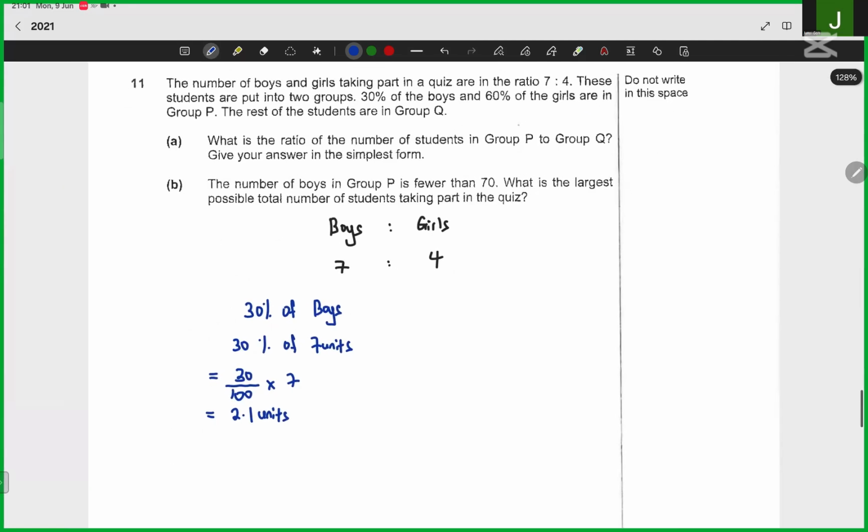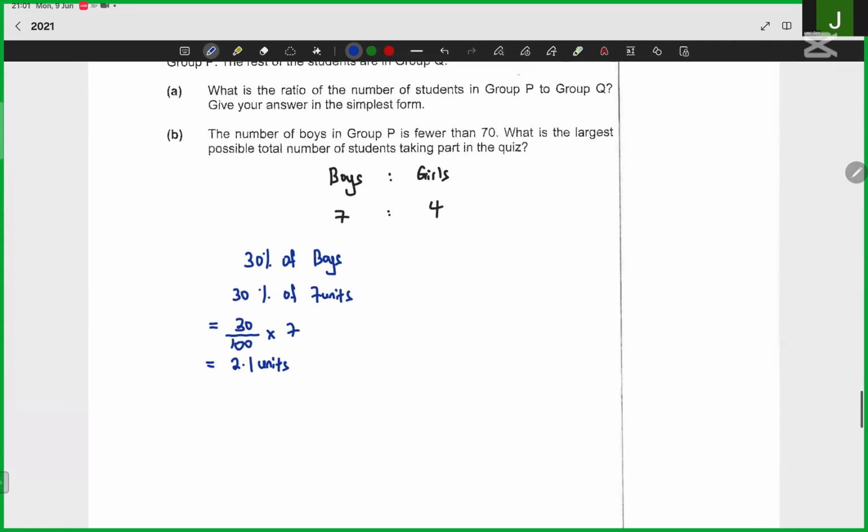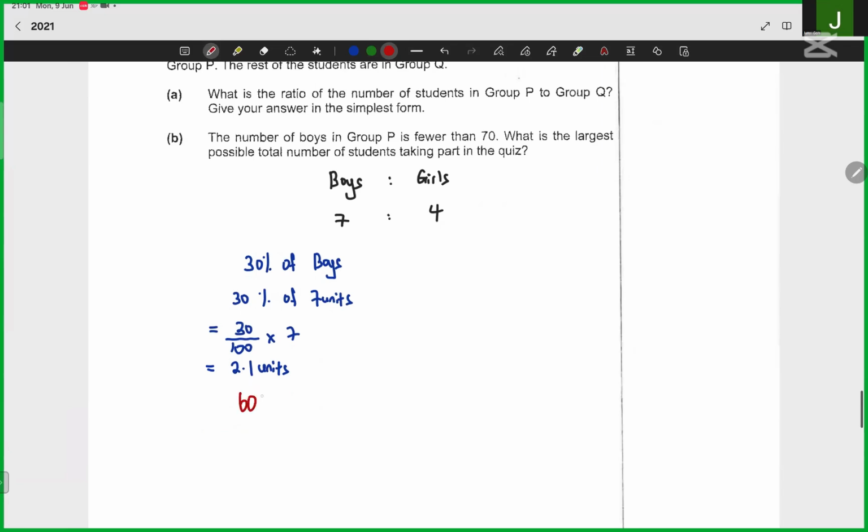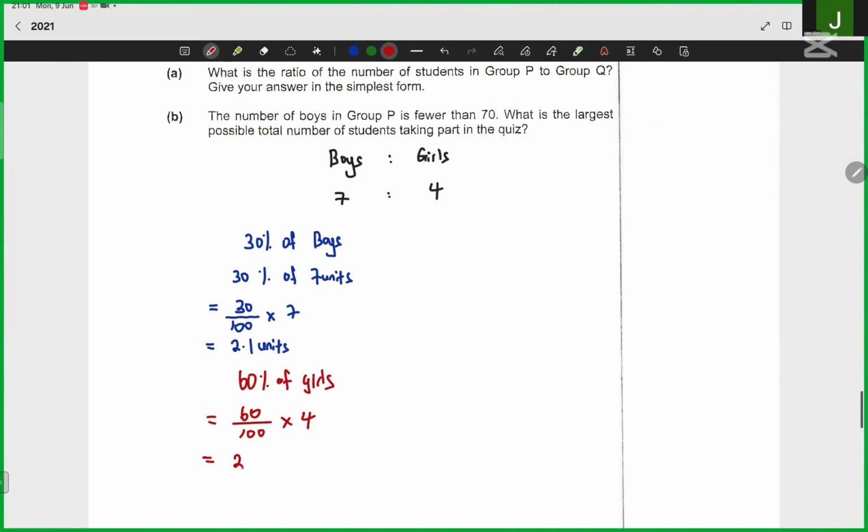And 60% of the girls. Okay? So 60% of girls is the same thing, same working, 60 over 100, but this time round times 4. That is equals to 2.4 units.